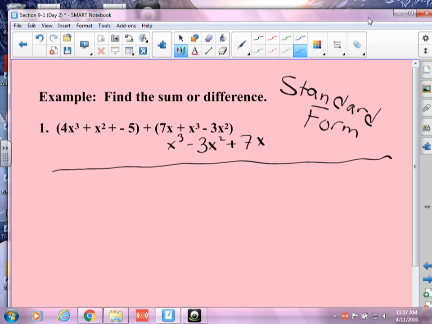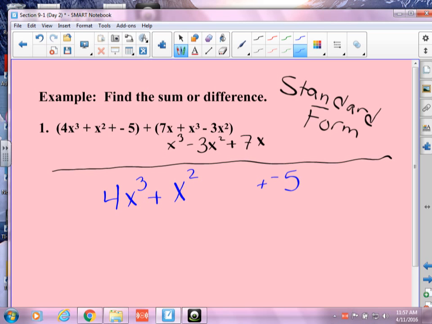So I'm going to write this one down. I've got my 4x cubed and then plus x squared, and then I'm going to leave a little spot, and then plus a negative 5. The reason is there is no plain x term, and I want to leave a spot for that.